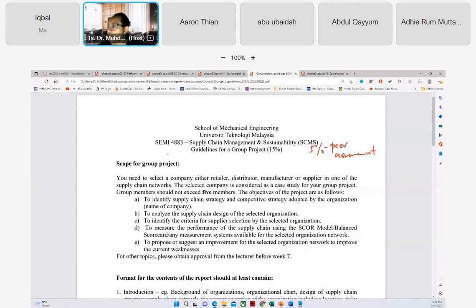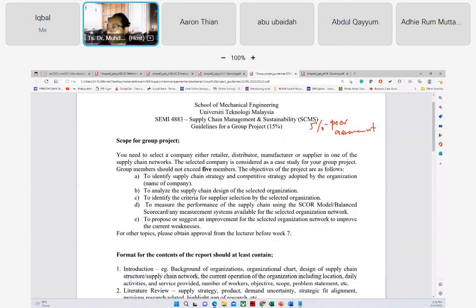Scope for your project. You need to select a company, either a retailer, distributor, manufacturer, or supplier in one of the supply chain networks. You can go to any potential retailer, distributor, manufacturer, or supplier in one of the supply chain networks.